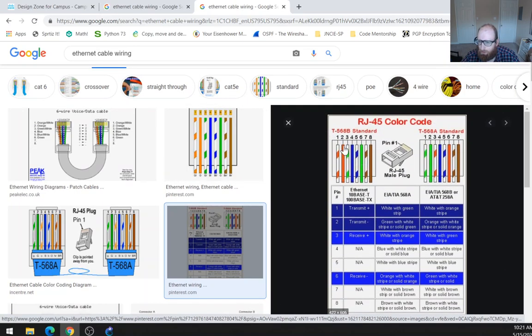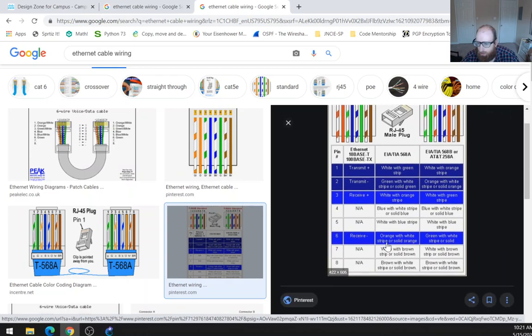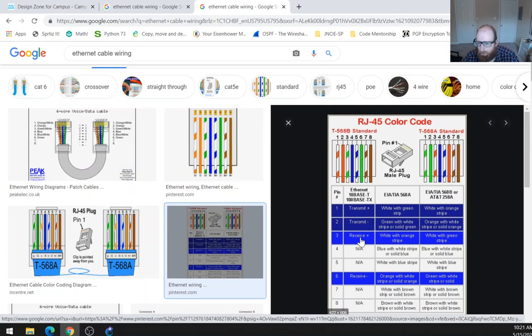Yeah, here we go. So here's the RJ45 color code. We've got striped and non-striped. We've got transmit, transmit, receive, and receive.